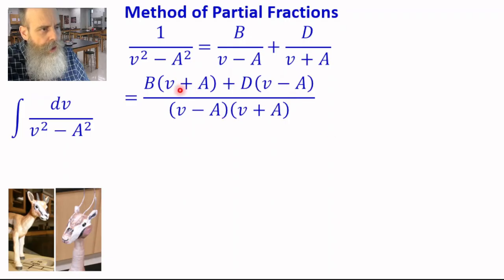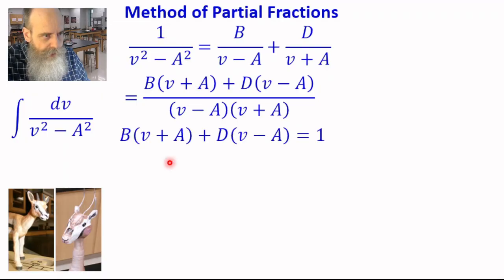So we get b times v plus a plus d times v minus a for the numerator. v minus a times v plus a is just v squared minus a squared. So the numerators must be equal to each other. So we have b times v plus a plus d times v minus a equals 1. We have to solve this equation for the constants b and d.